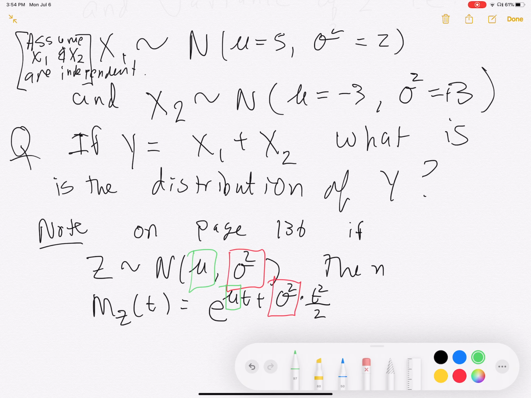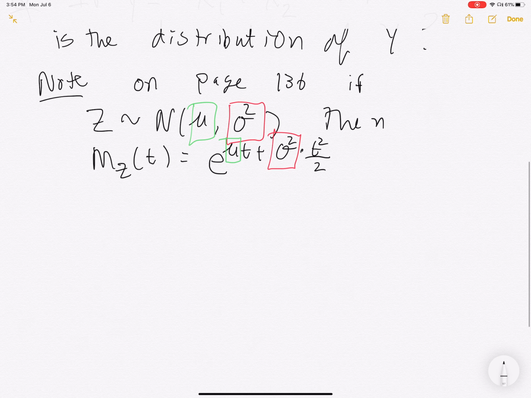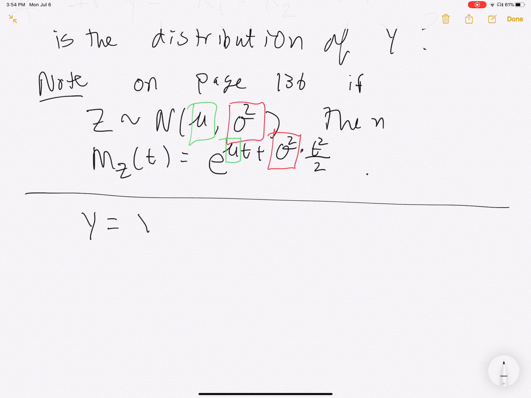So that is the general form of a moment generating function. Okay. So we're going to let Y equal X1 plus X2.